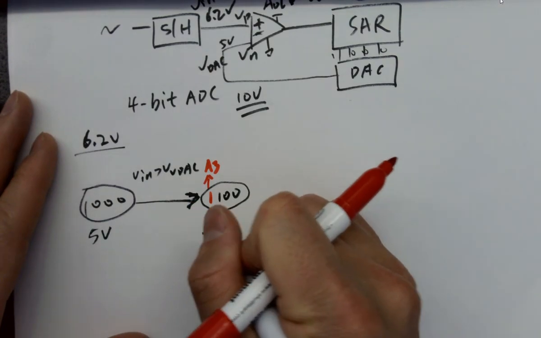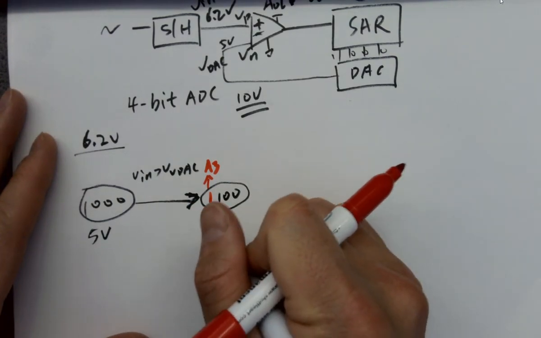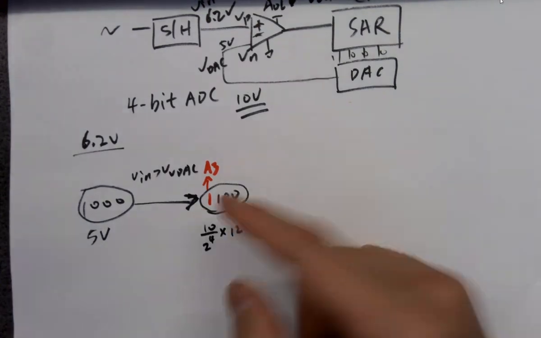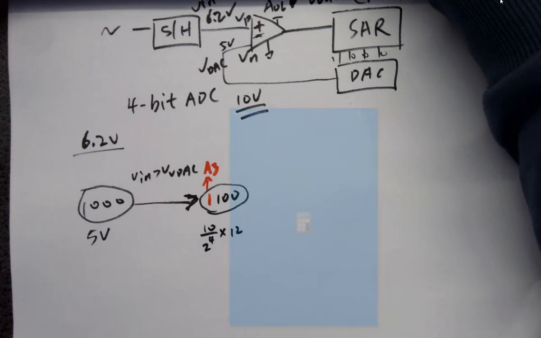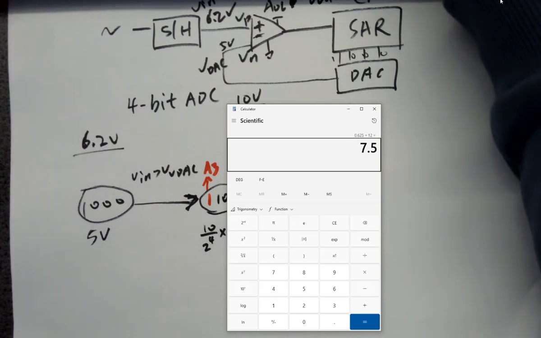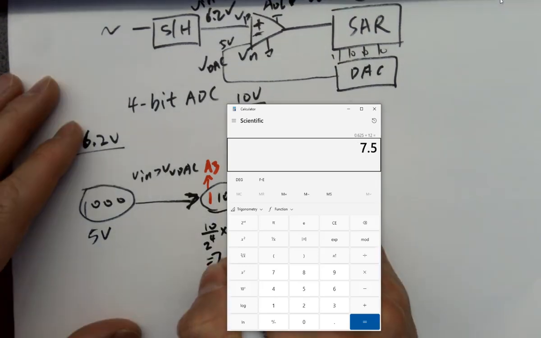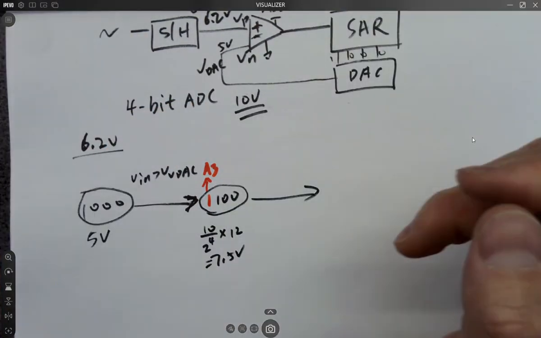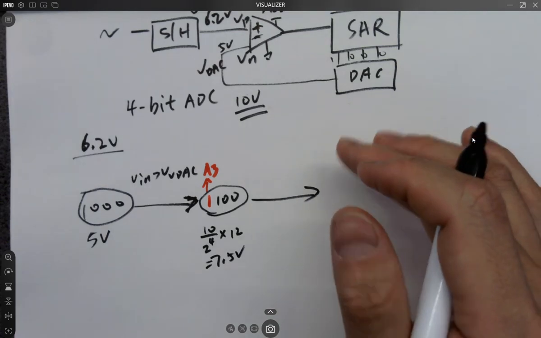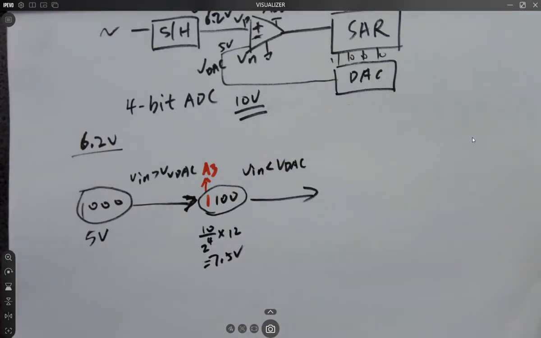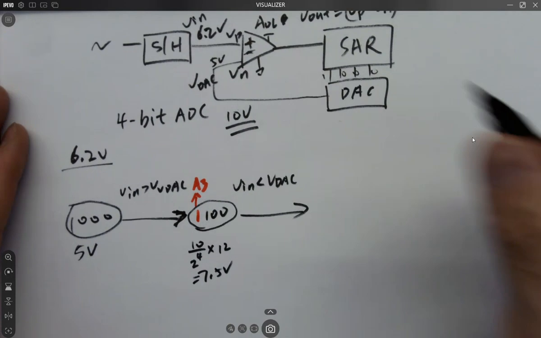So this is 10 over 2 to the 4th times 12, which is 7.5 volts. Vin is smaller than VDAC.